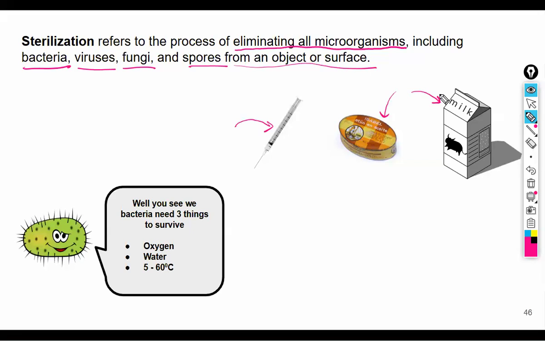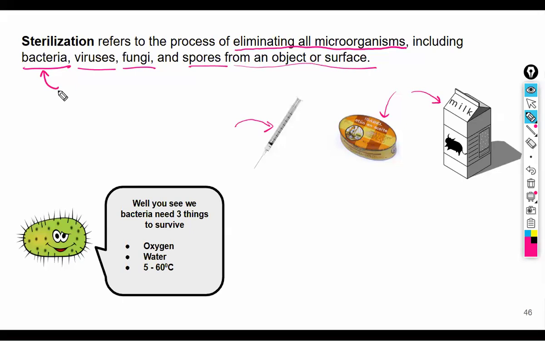Now, let's keep it simple. I don't want to keep saying that sterilization is the removal of bacteria, viruses, fungi, and spores. I'm just going to use bacteria for my example. So I'll say the word bacteria, and that represents all the microorganisms.